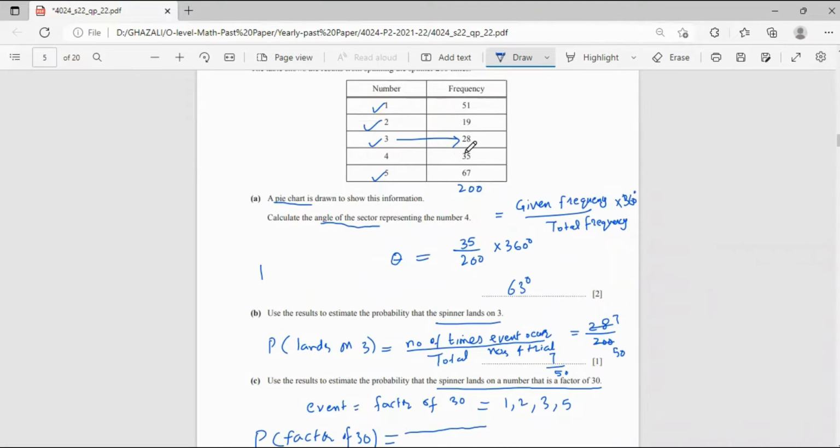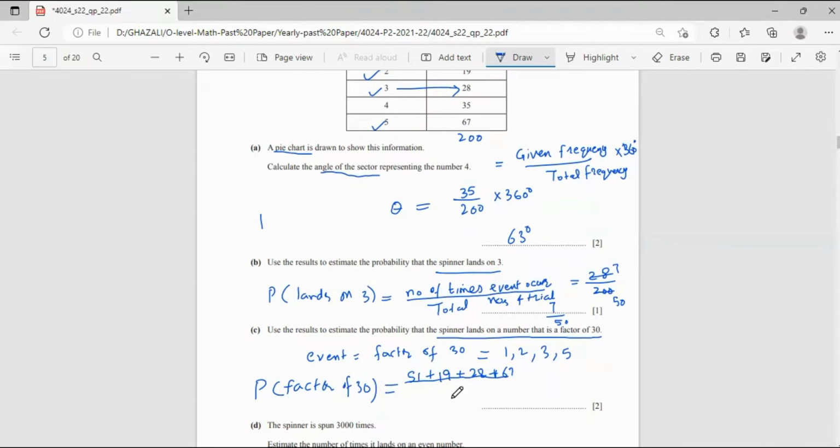Number of times 1 occurs is 51 times, plus 2 is 19 times, 3 is 28 times, and 5 is 67 times. So the total number of trials is 200. Now we calculate these values.